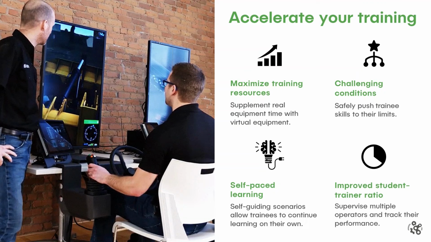You can't do that with real equipment. So they can take charge, and they can spend some quiet time. If they're a little bit nervous working around other people, they can have some time to calm themselves and then realize that they're actually okay at it. So what the simulation does is it really gives people a chance to learn at their own pace.